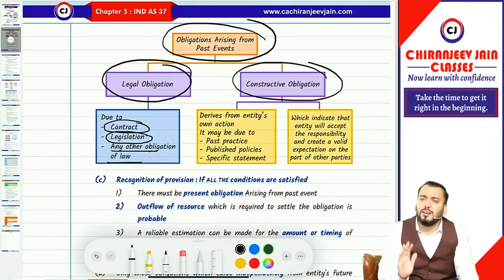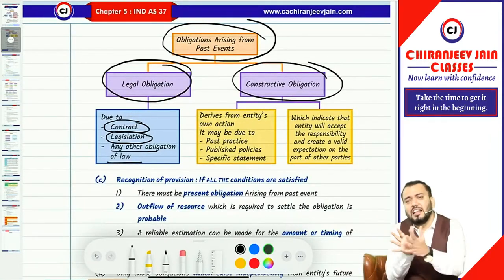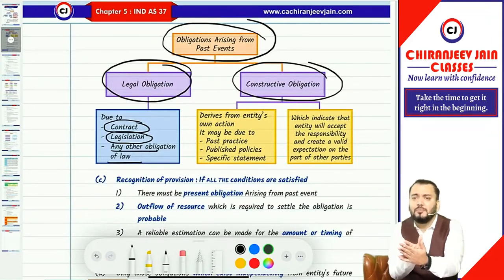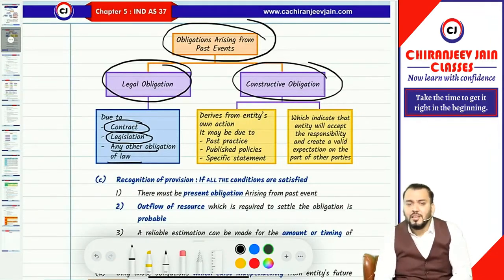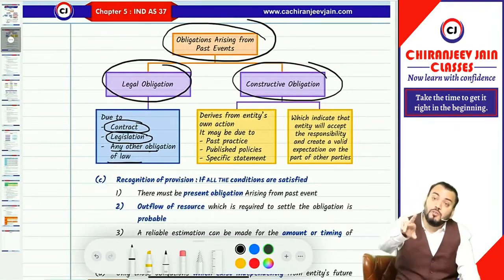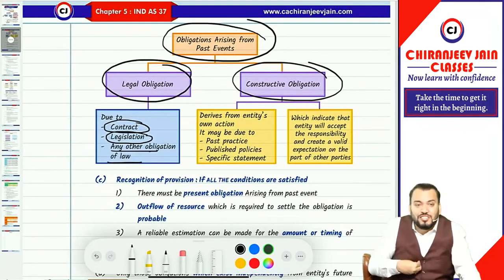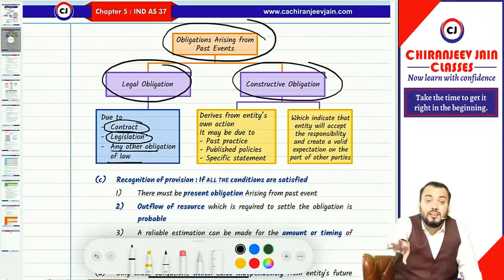For example, right now we have made one contract: I will teach you, you will learn from me. In a contract both parties will have some obligation. I have one right and one obligation. You also have one right and one obligation.